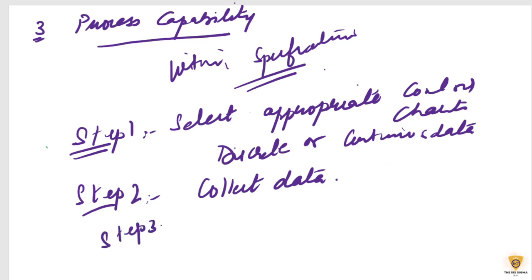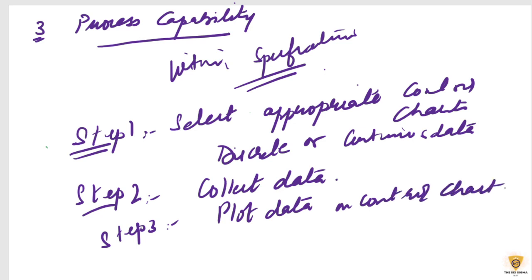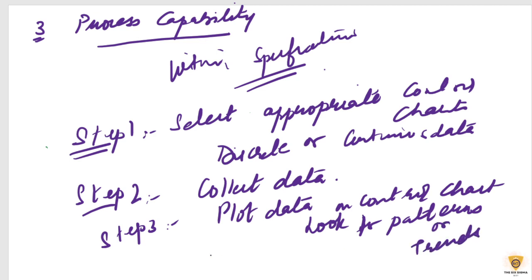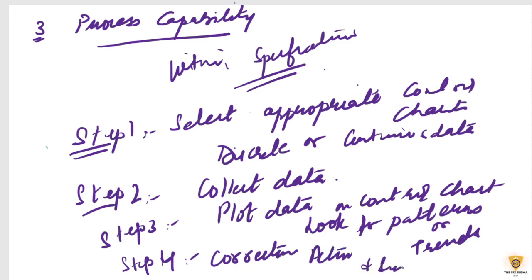Step three in SPC is we plot the data on the control chart and look for patterns or any trends. Step four is to take corrective action and sustain.